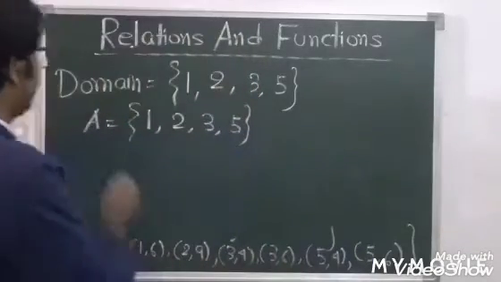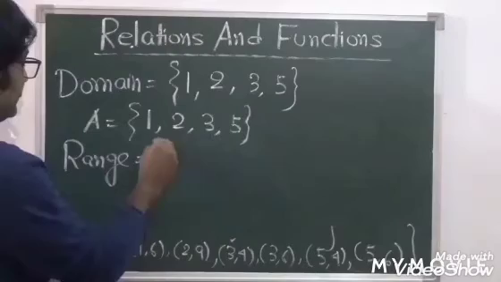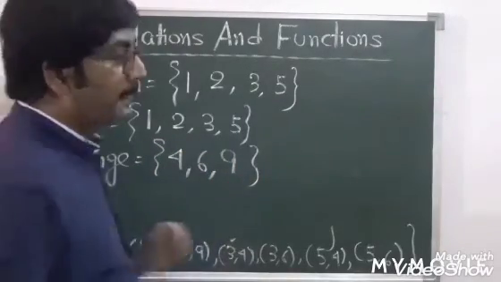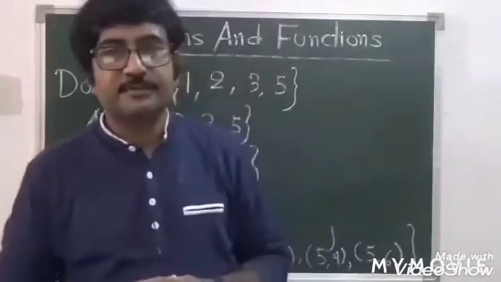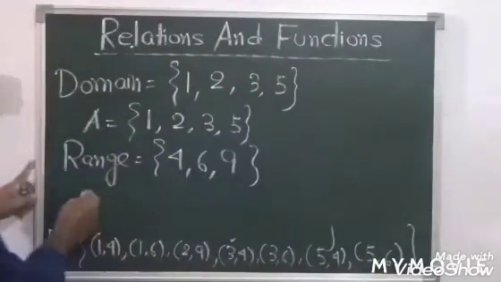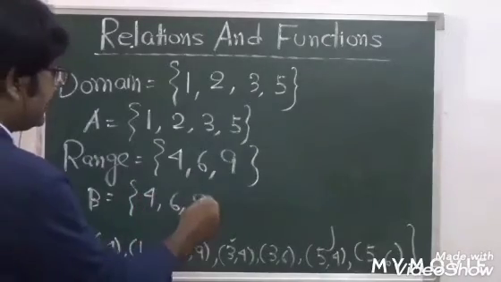Therefore range equals 4, 6, 9, which happens to be the entire second set B. B was also 4, 6, 9.